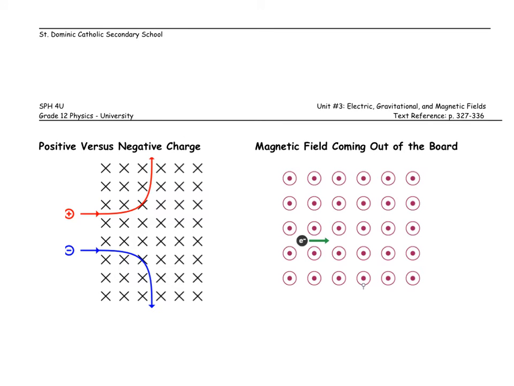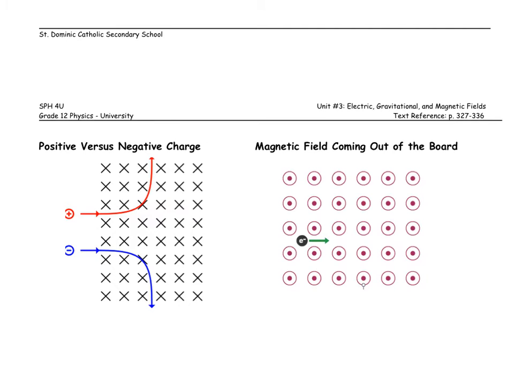So let's look at a couple of other examples here. Positive versus negative charge, right? Again, this is a case where I have a magnetic field that is pointing into the page. I can see the back end of that arrow there. So I'm going to use my right hand in order to look at this positive charge.